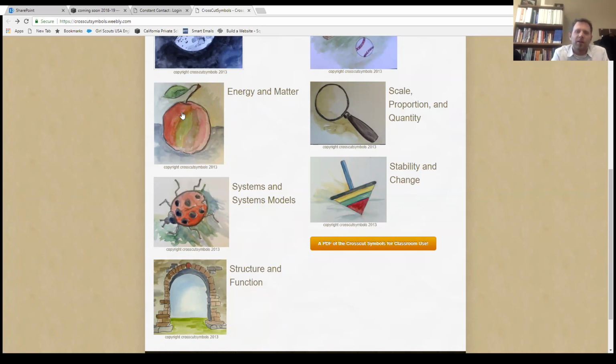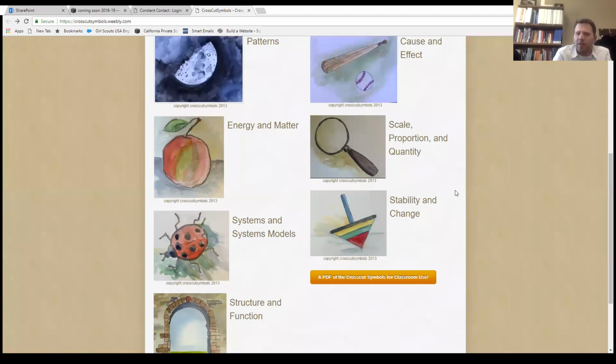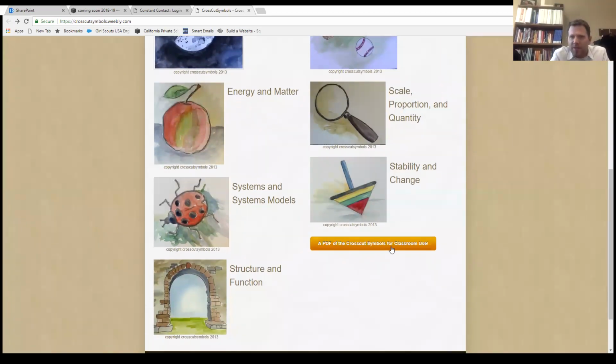You use questions and focus on that cross-cutting concept. You could still incorporate many different practices while staying in that energy and matter cross-cutting concept. At the top of the site, or even right there, it has a link to the PDF of the cross-cutting symbols for classroom use. You can get these icons up on your walls in your classroom.